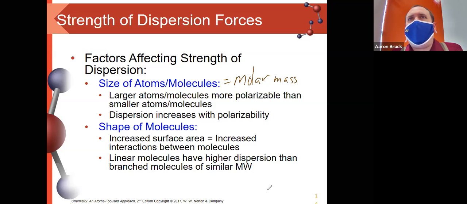The reason why? There are more electrons. When you have more electrons, the opportunity to have a greater polarity becomes, well, greater, because you need fewer imbalances to make it happen.